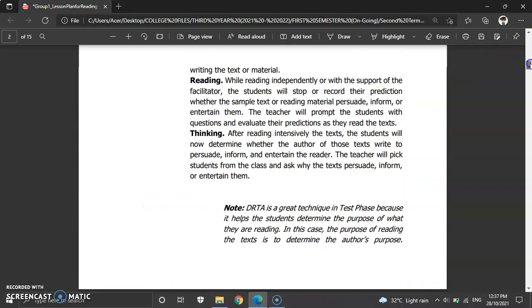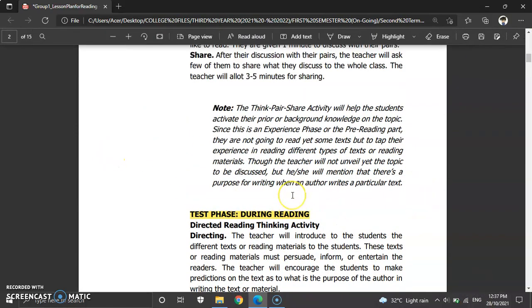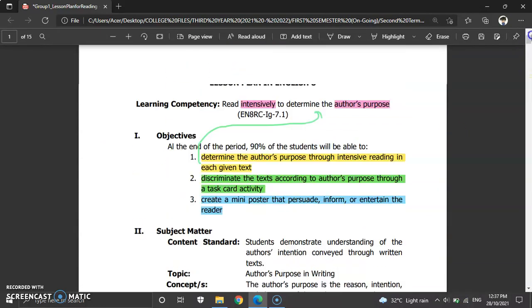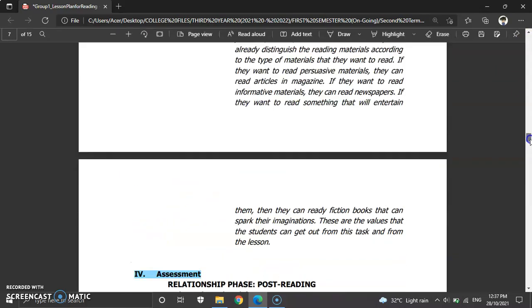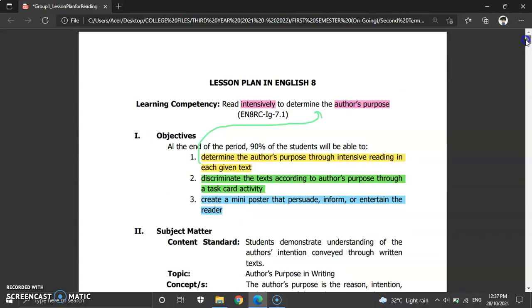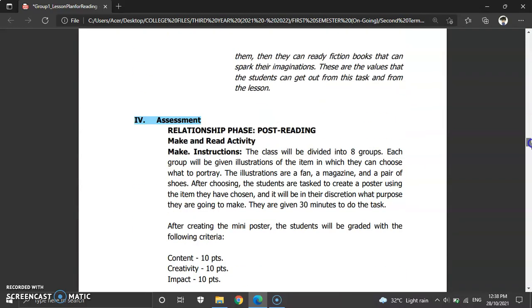It will be achieved in the activity proper, the cognitive domain. The second objective, the green one, will be achieved in our application. And the third one, the psychomotor domain, will be achieved in our assessment part.